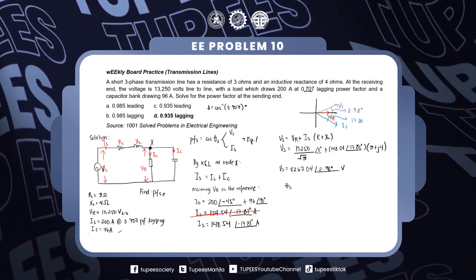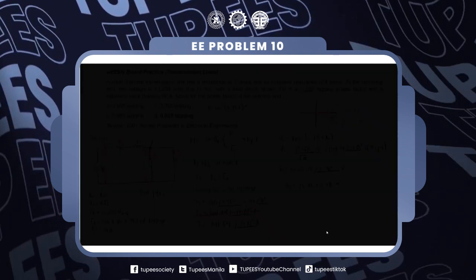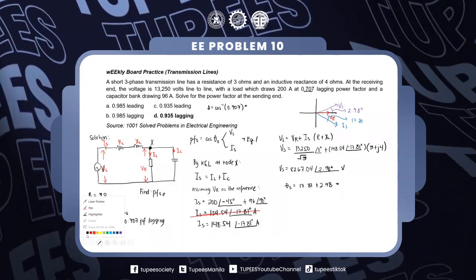So theta S is 17.81 plus 2.98, which is 20.79 degrees.